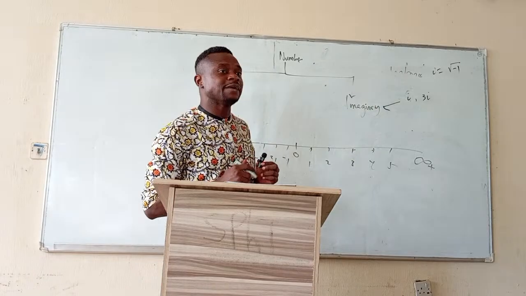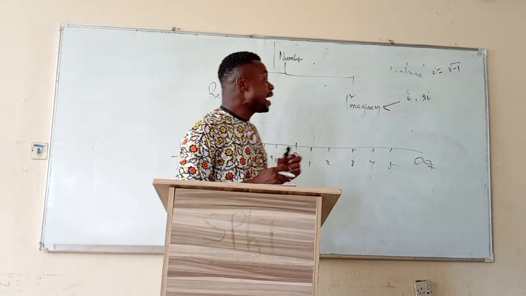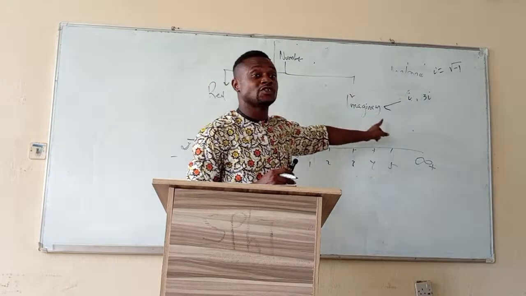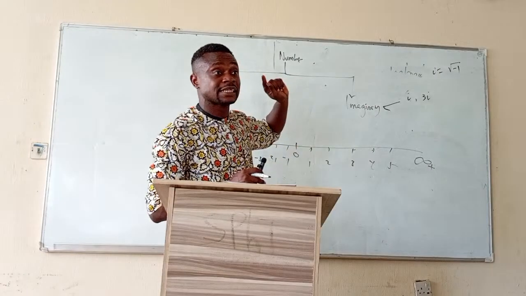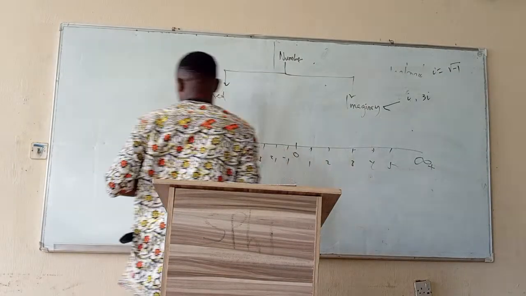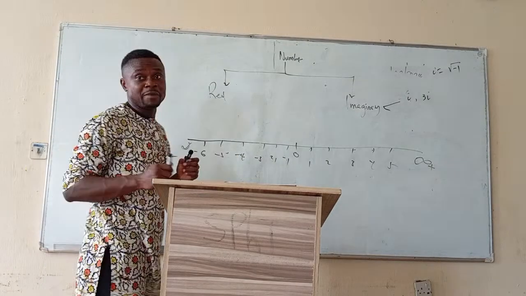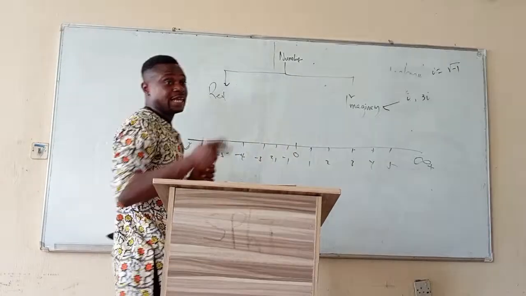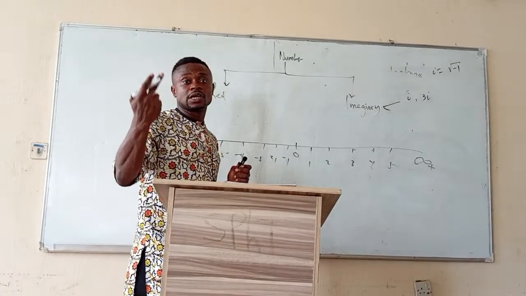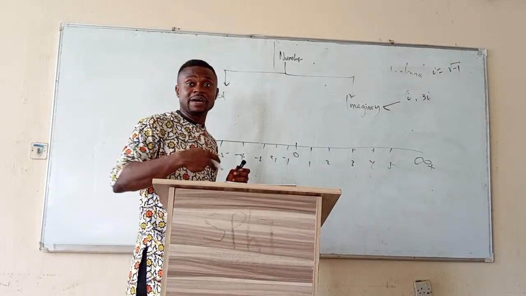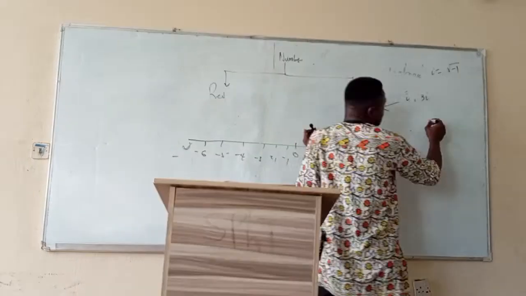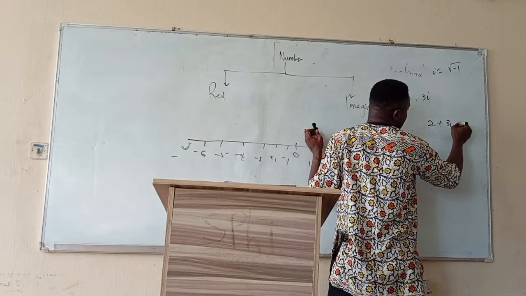Now, sometimes a real number combines with an imaginary number to form what we call a complex number. You see something like this: 2 plus 3i.